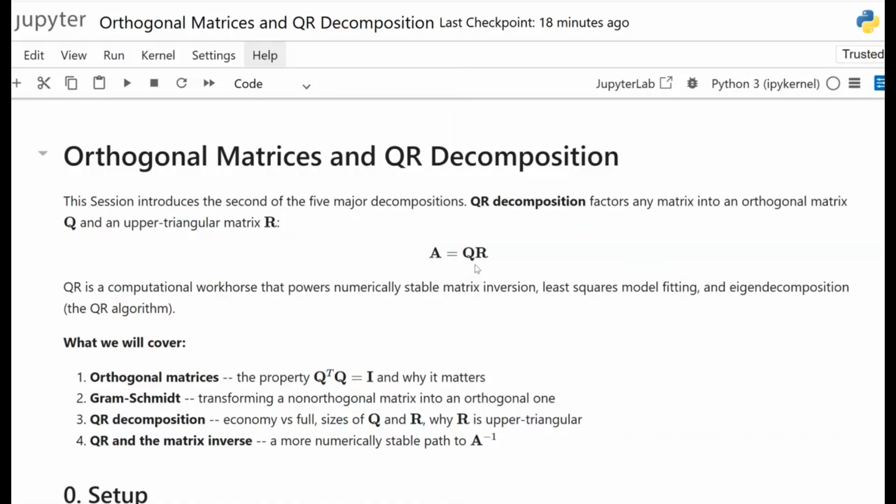Dear friends, as we continue our journey, we will begin to notice that many machine learning algorithms are simply clever ways. Behind every recommendation engine, behind every PCA visualization, behind every compressed image, behind every AI model, there is linear algebra quietly doing the heavy lifting.